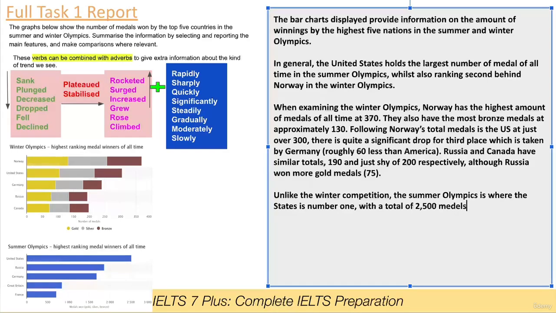Wow, okay. So we're comparing between the two, and we're still drawing pieces of information here.